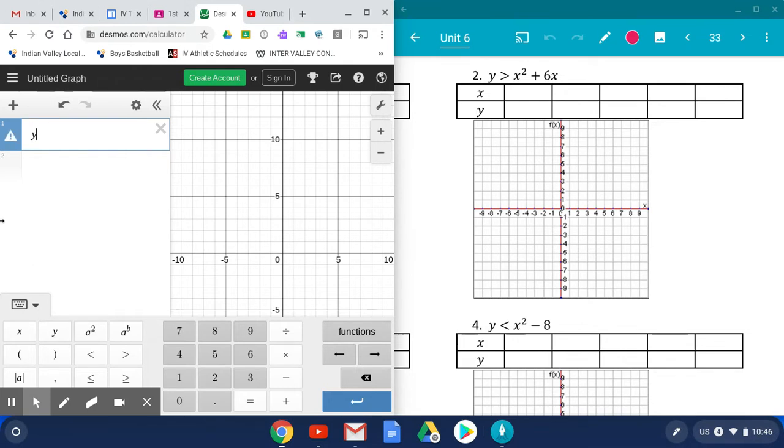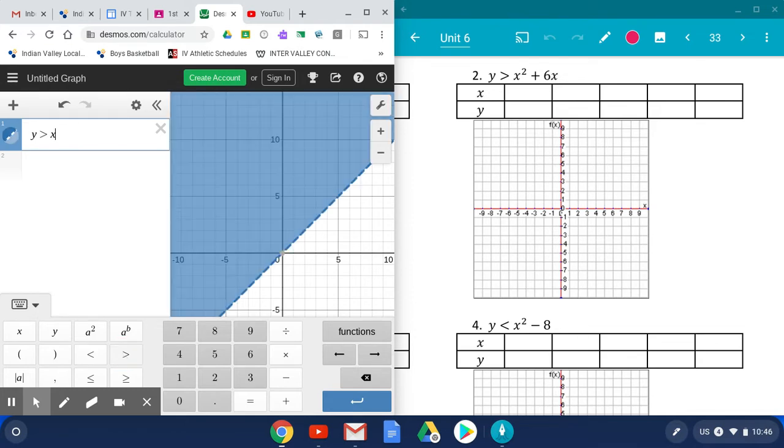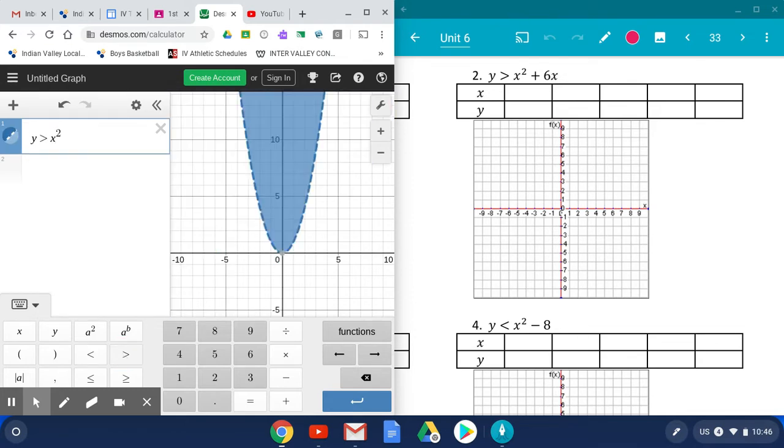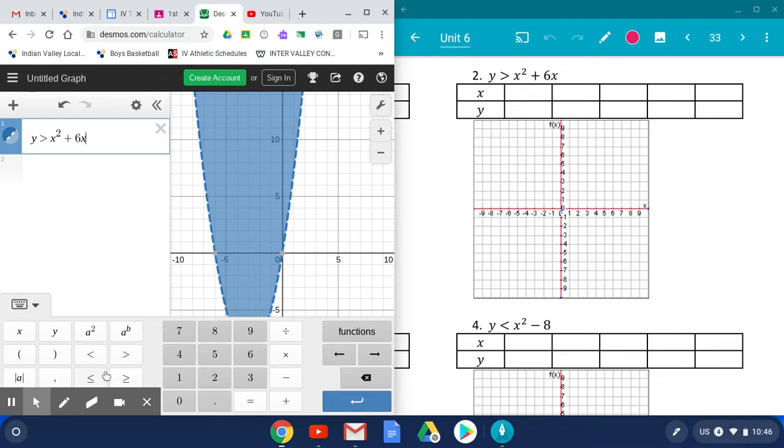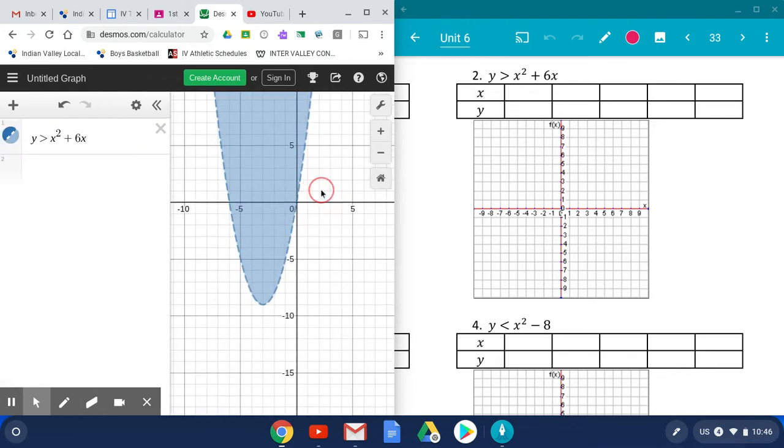So y is greater than x squared plus 6x, that tells me I'm going to have a dotted line. Now I need to recreate this graph on my graph over here to the right. Things that I'm going to look for are those important points that we like so much, as in our zeros and our vertex.